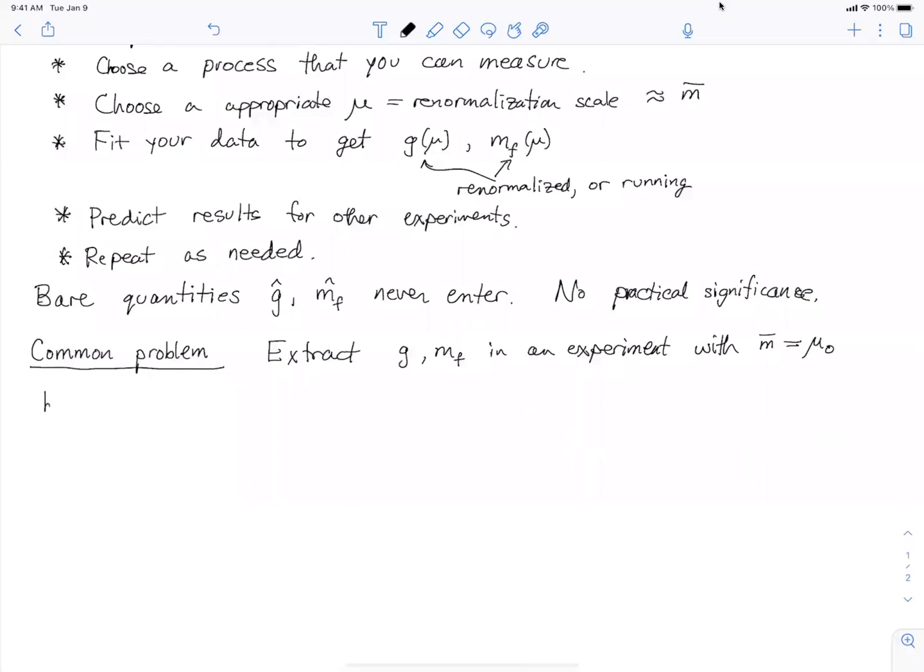But you want to make predictions for other values of mu, so for different experiments, at different mu's. And the question is how to do that.